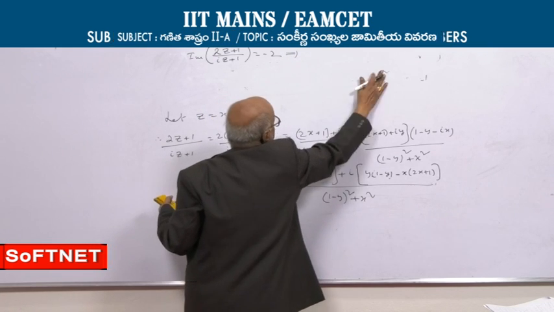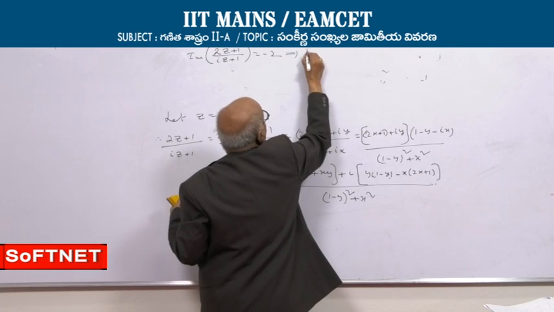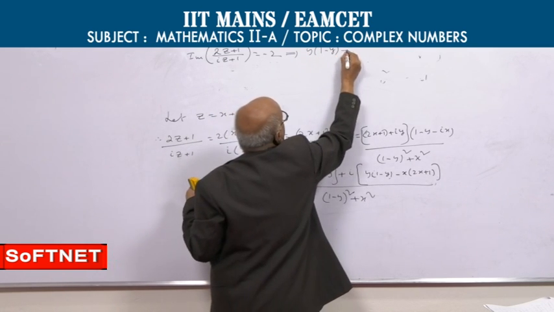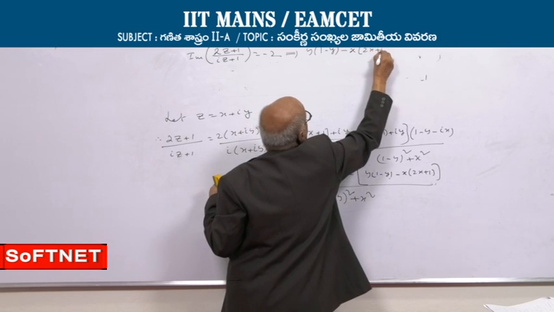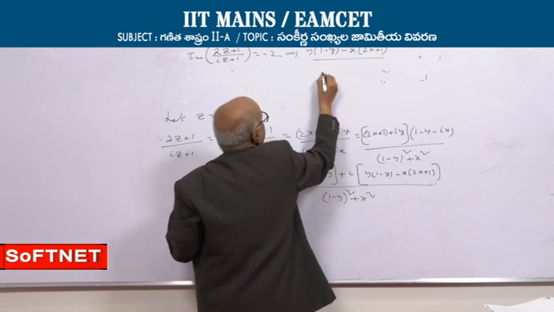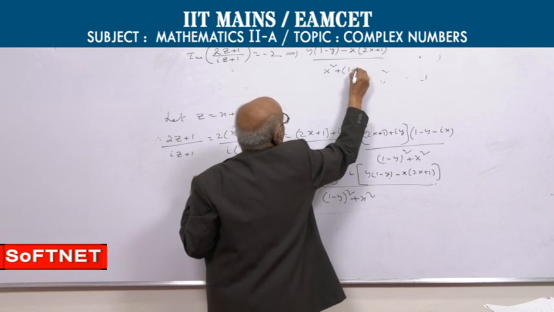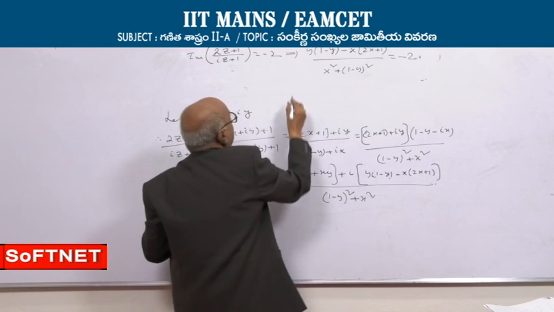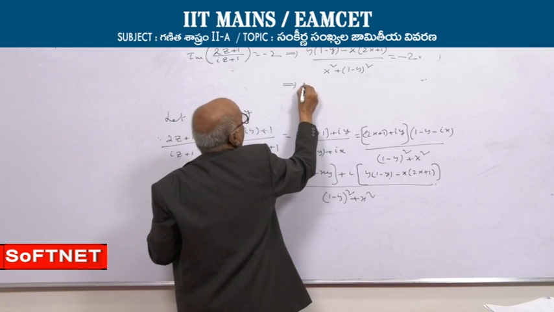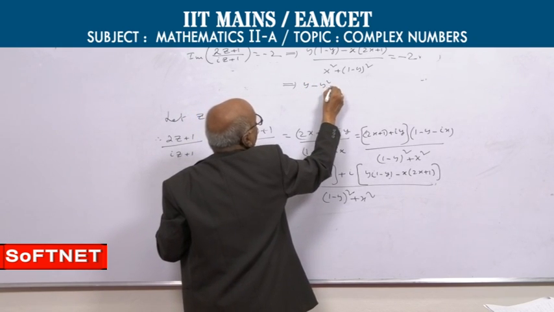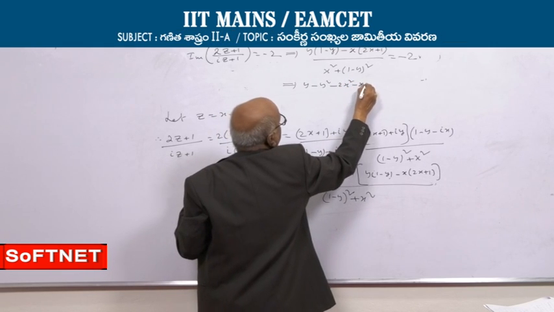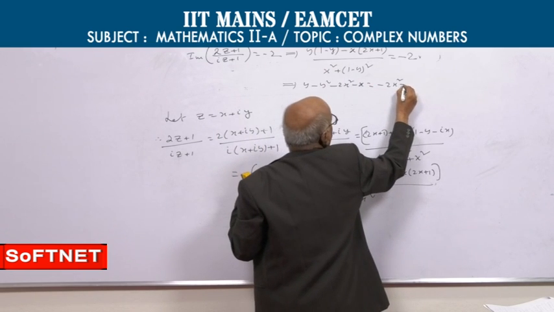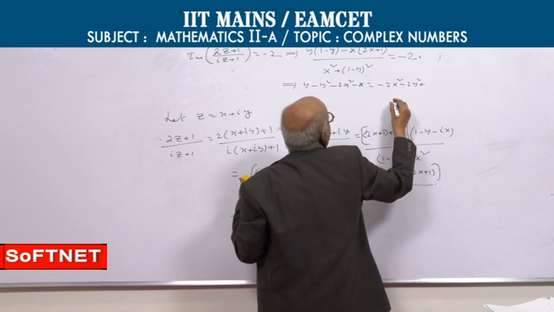Since imaginary part of 2z plus 1 by iz plus 1 is equal to minus 2, this implies y into 1 minus y minus x into 2x plus 1 by x square plus 1 minus y whole square is equal to minus 2. So this implies y minus y square minus 2x square minus x is equal to minus 2x square minus 2y square plus 4y.